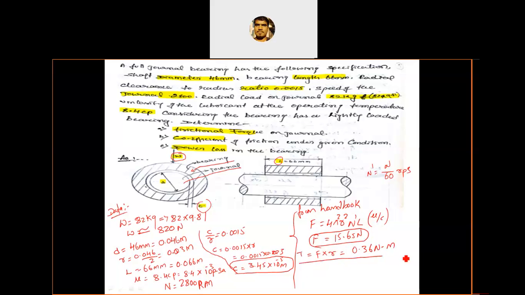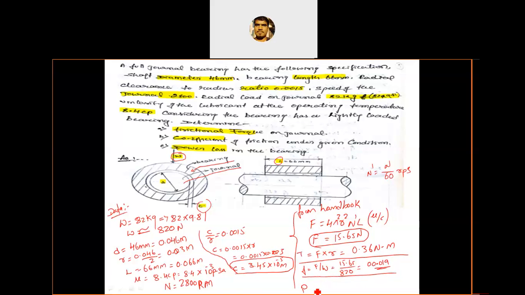Next, the coefficient of friction, small f, is equal to the frictional force divided by the operating load, 15.65 divided by 820. So it gives the coefficient of friction as 0.019, which is unitless.